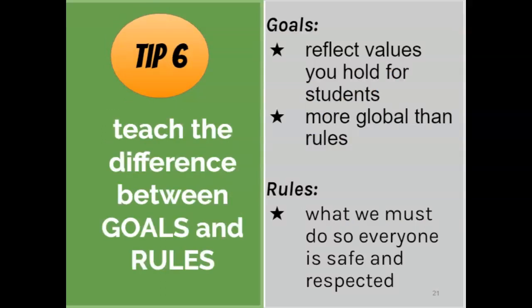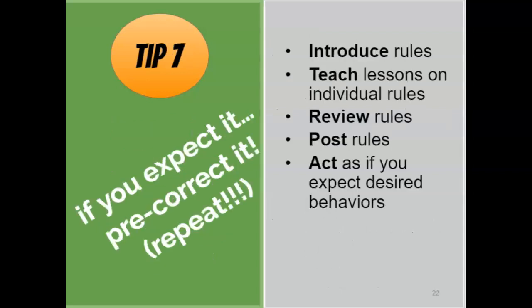We also want to make sure that we're teaching the difference between goals and rules. Our goals are the big picture, and that's really what we're shooting for. The rules are those smaller components so that everyone in our classroom knows that they are safe and respected.